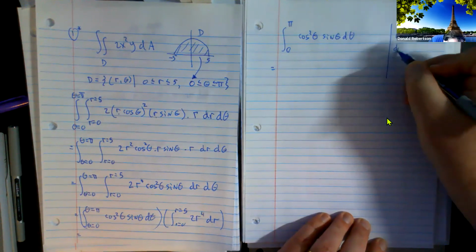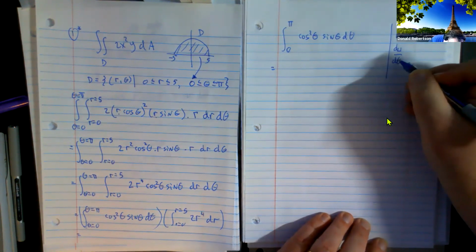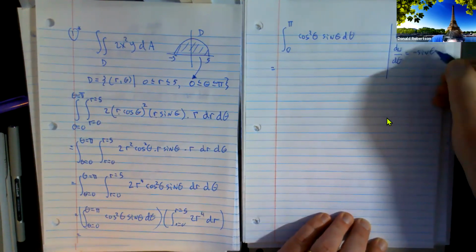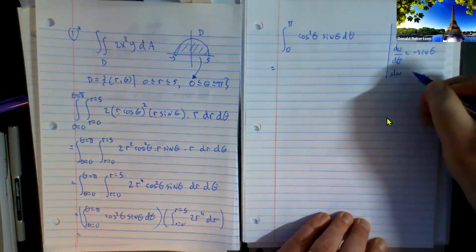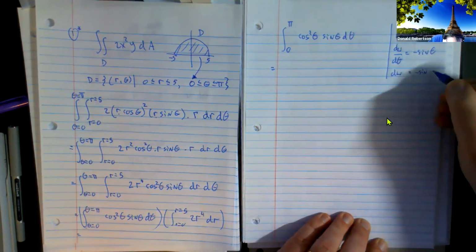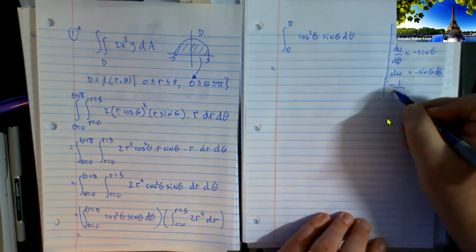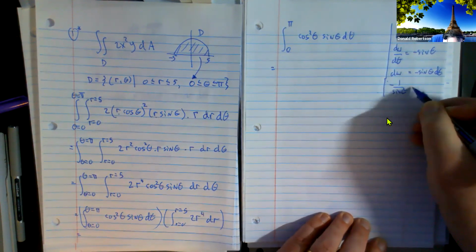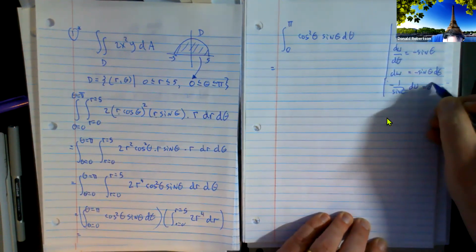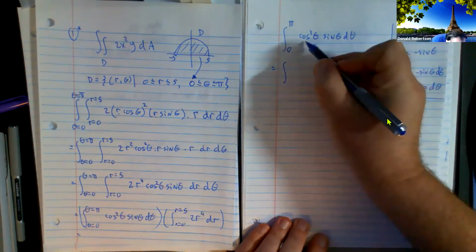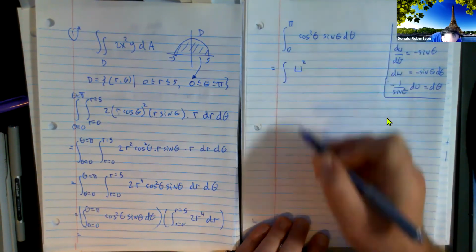So du by d theta is the derivative, so it's a negative sine. The crossover. And then you isolate the d theta. So my integral will now become, instead of cos squared, u squared.